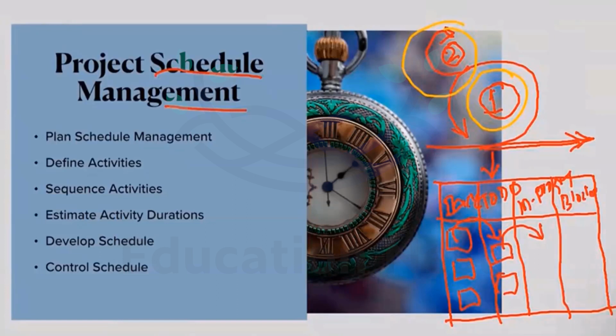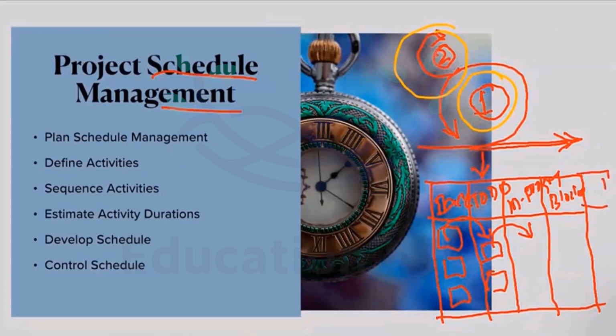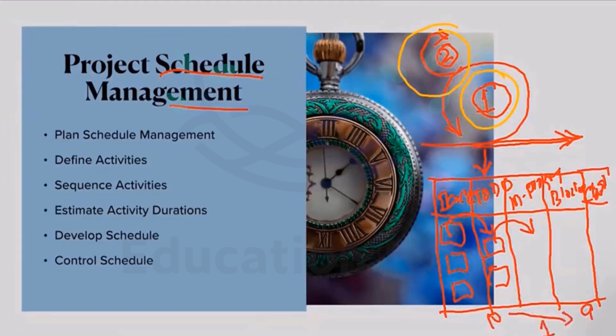You can add all those columns, and finally the column will be closed. The last column will be closed, right? So at the end of the sprint, how many tasks are to do? Let's say, for example, 10, and at the end of the sprint, we have 9 tasks closed. So the remaining one task, what will happen? It will either go to backlog, or it will be taken into the next sprint, right?